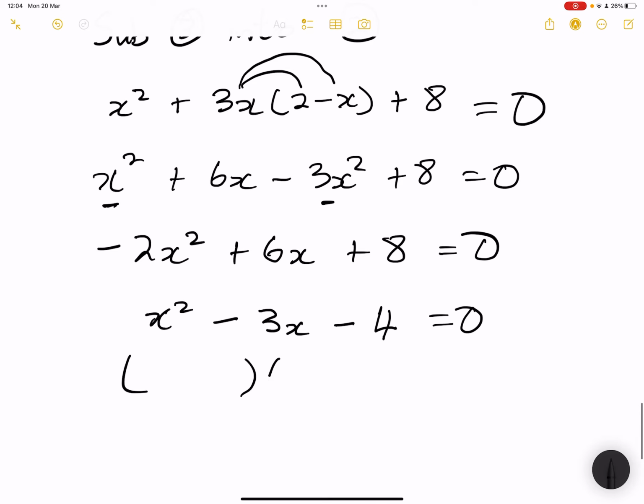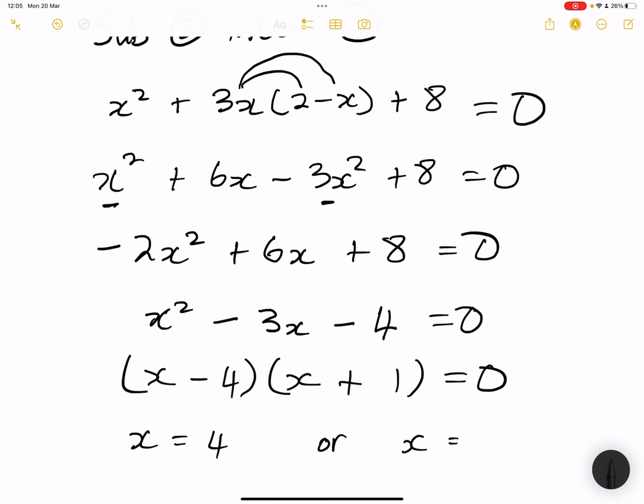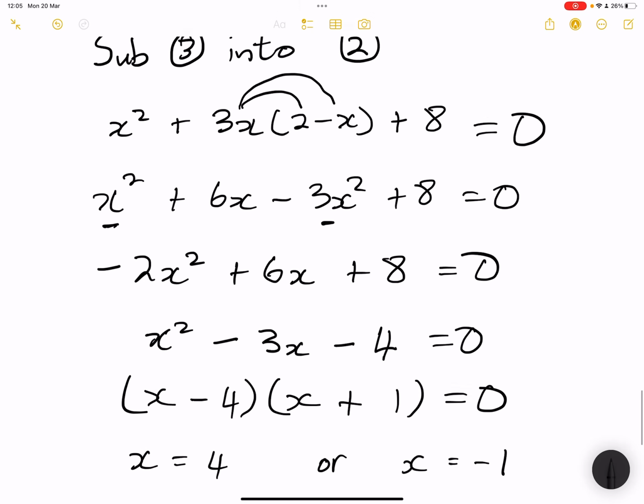Right, so as we factorize, so that's x and x, that's 4 and 1. Okay, so that would be negative, that would be positive. So x is equal to 4, or x is equal to negative 1. Now remember, we're solving for x and y.